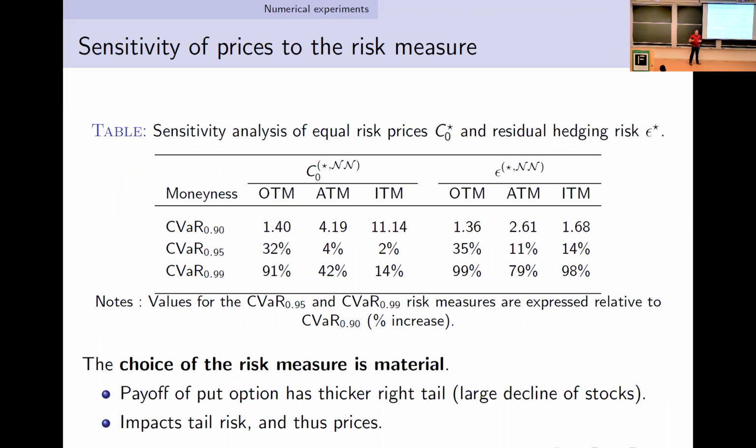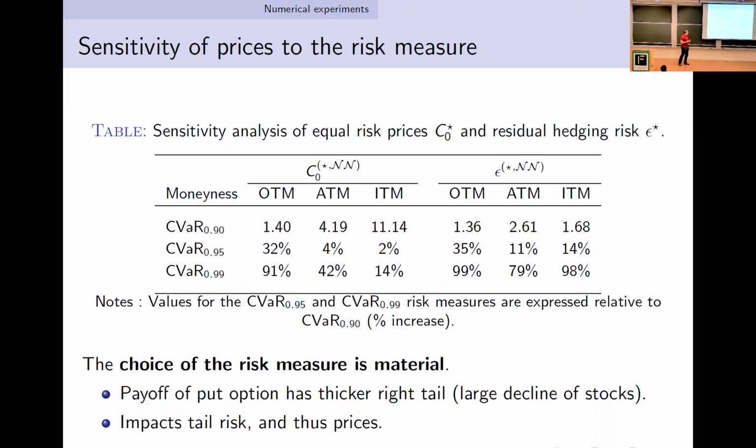We used the CVAR as a risk measure for this first test, and we varied the confidence level. We used CVAR at 90%, CVAR at 95%, and CVAR at 99%. Here the first row is the prices obtained with the first risk measure, and the other rows are the relative increases with respect to the price from the first row.